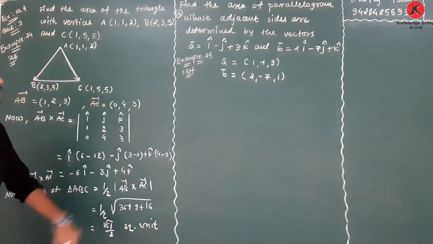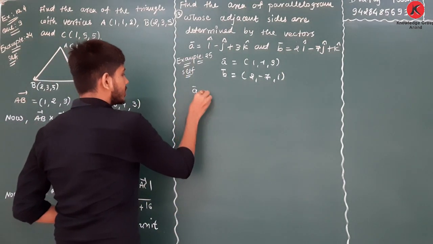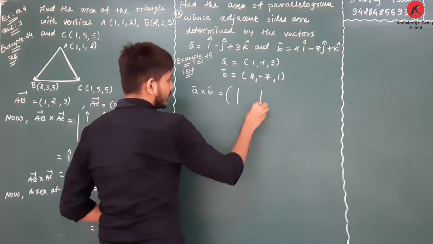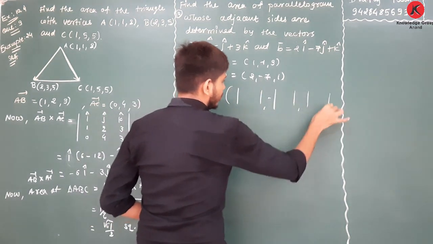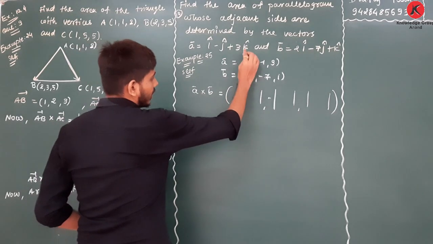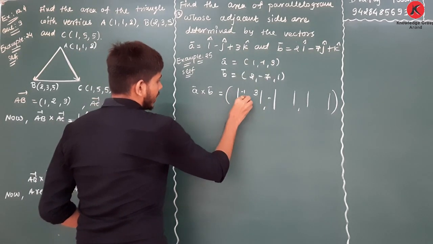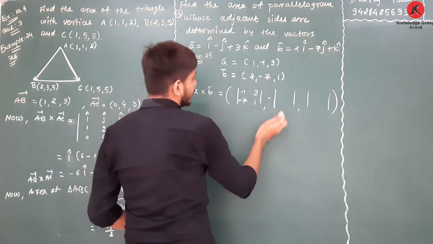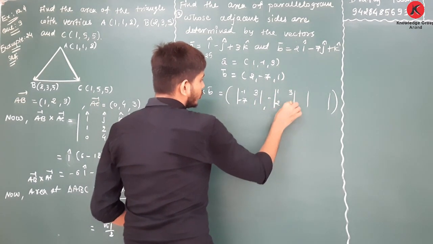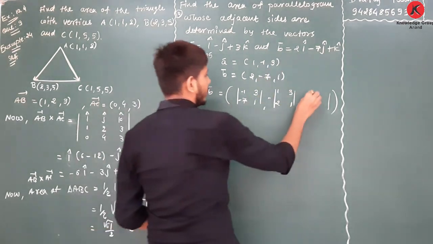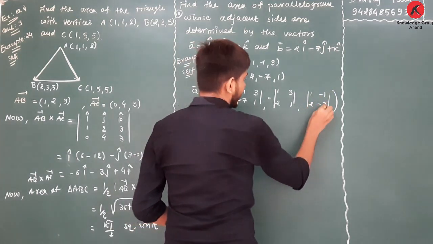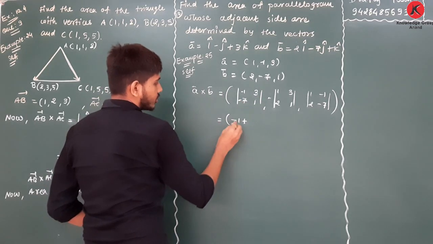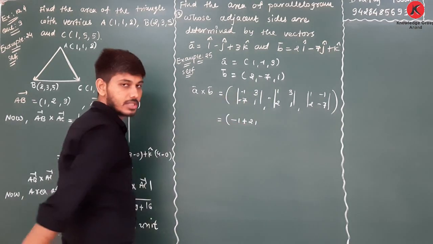Now, if you want the cross product without using i, j, k, I have taught you this too. a bar cross b bar equals determinant minus determinant plus determinant. For the first, we leave out the first column and write minus 1 3, minus 7 1. Next, leave out the second column, and we get 1 3, 2 1. Then leave out the third column: 1 minus 1, 2 minus 7. Simplify this. We get minus 1 plus minus 1 plus 21. 7 3s are 21.